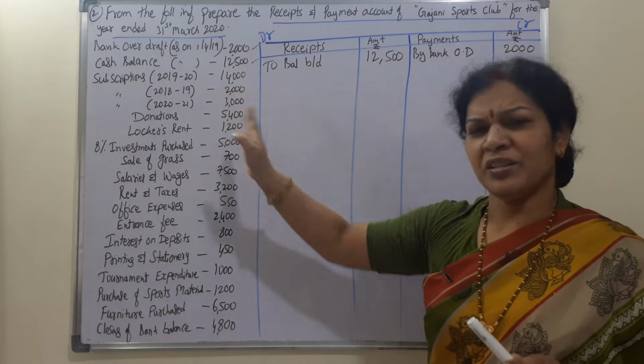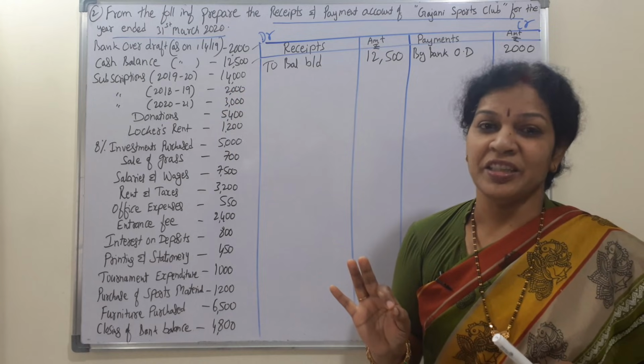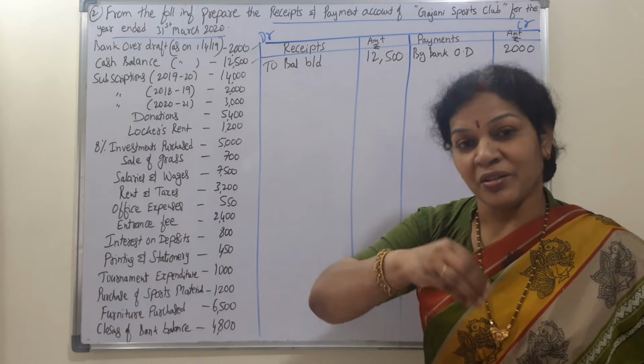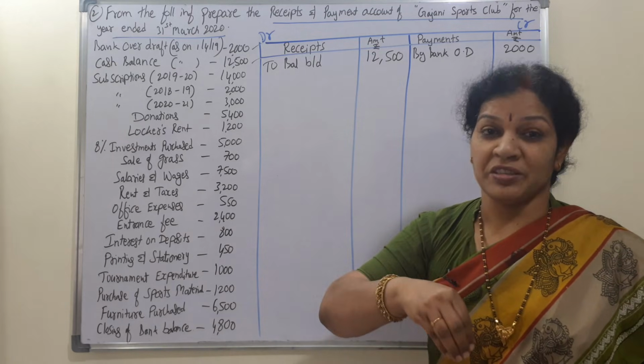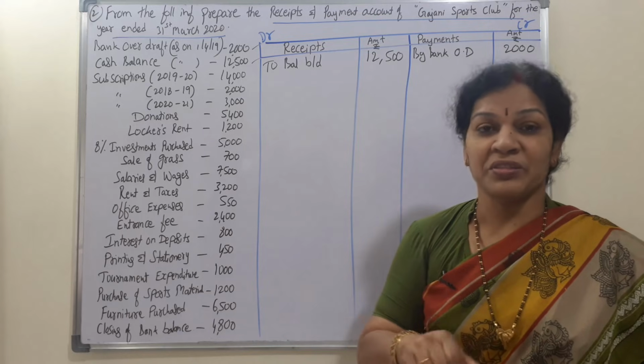Now, subscription means it's income or expenditure? It's an income, because it's a non-trading organization. All non-trading organizations get their income through subscriptions and donations, as we discussed in the first class.